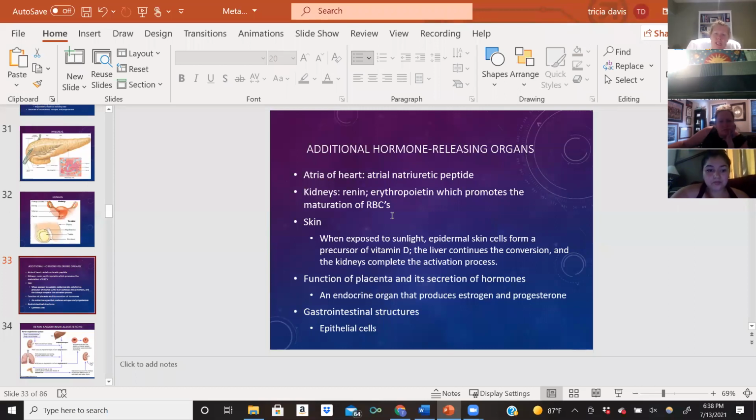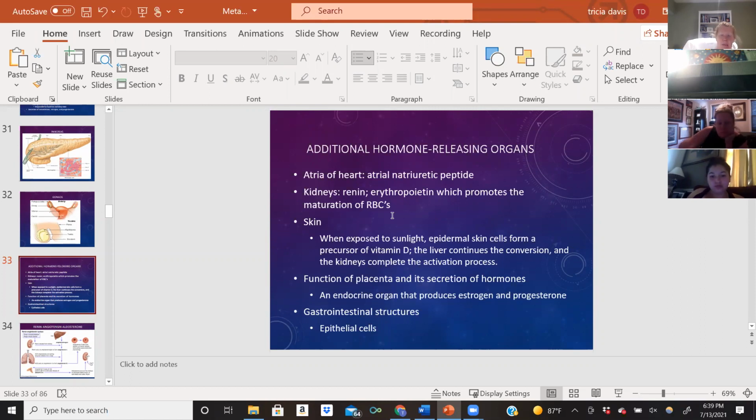Our skin also releases hormones. So when we are exposed to sunlight, we have skin cells in our epidermal area that form what is considered to be a precursor of vitamin D. When that process starts to happen, the liver is going to jump in and continue that conversion, and then it's going to move on to the kidneys where it's going to complete the process.